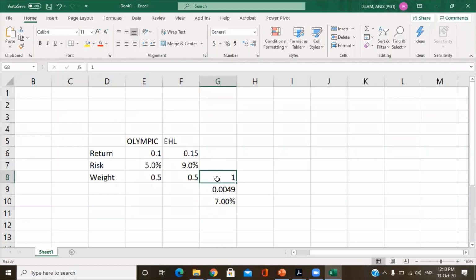Okay. So correlation 1 is the highest possible correlation. So if you don't consider correlation, you may construct a portfolio, but you may not end up reducing your portfolio risk. Okay, so it's not a portfolio concept.